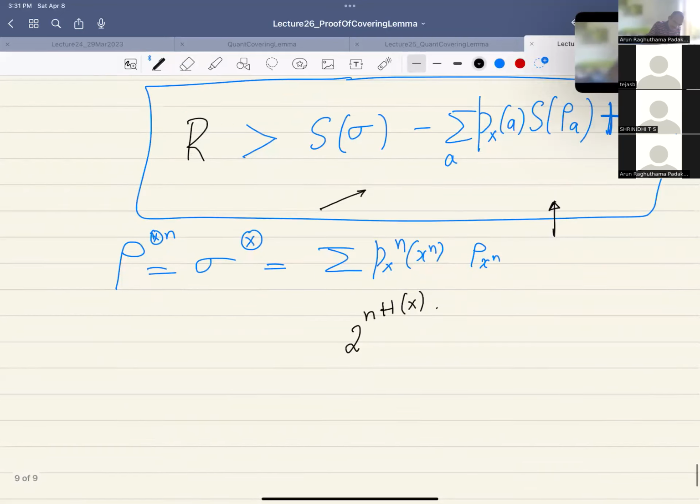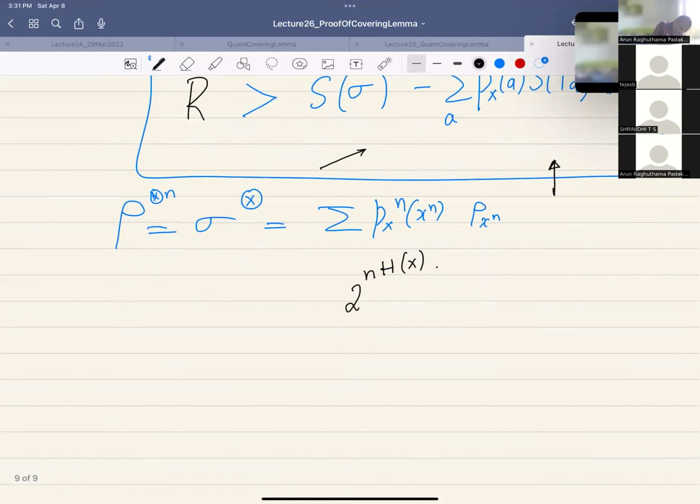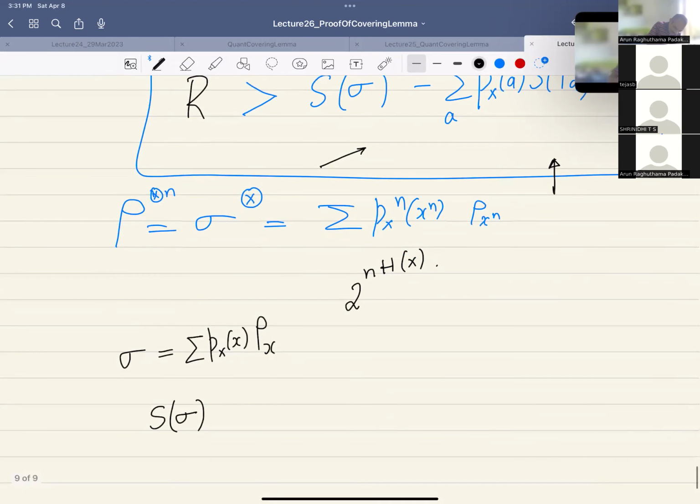Observe that suppose all the rho x's were orthogonal. What would be S of sigma? So think of this, and I will leave this as an exercise to show.